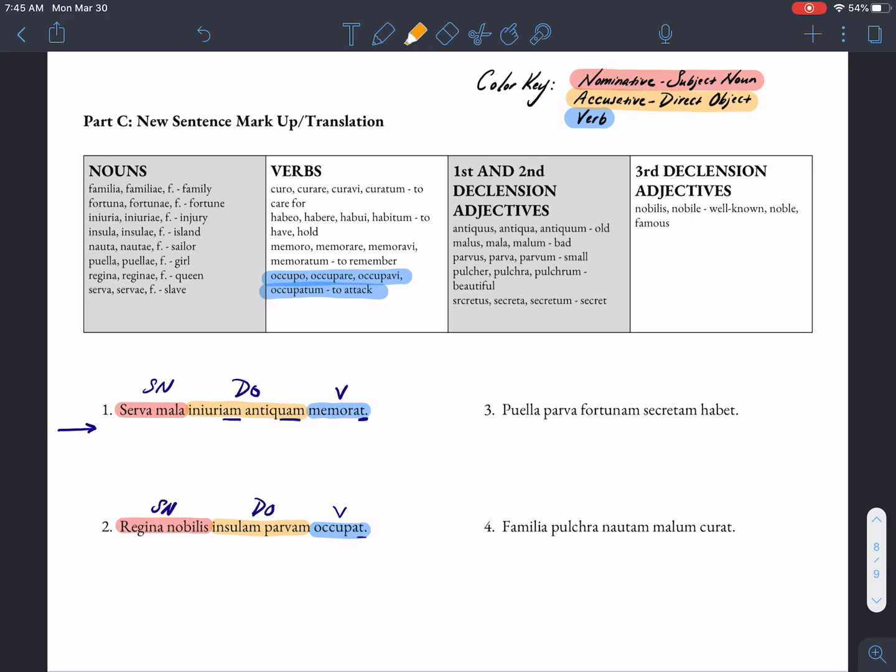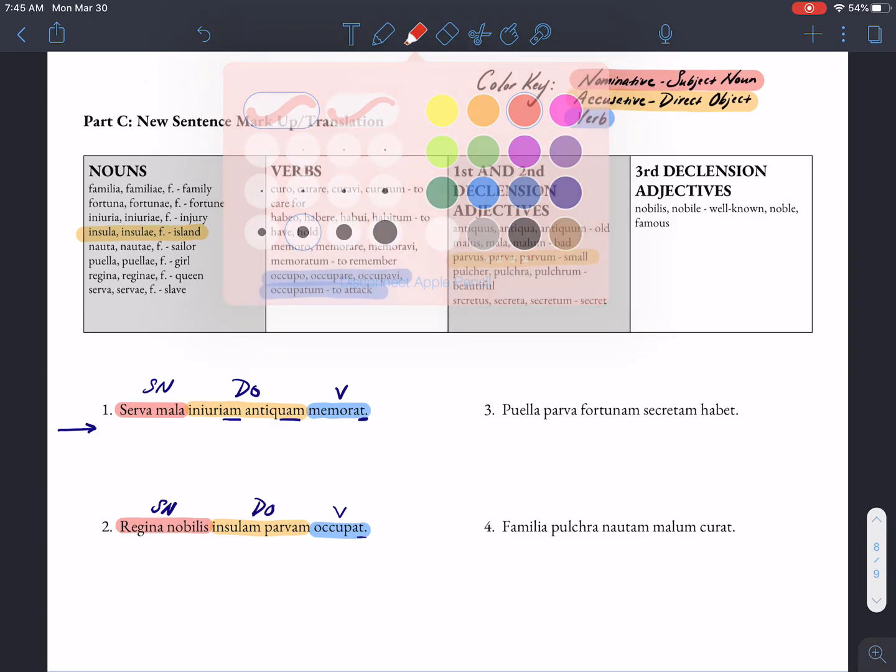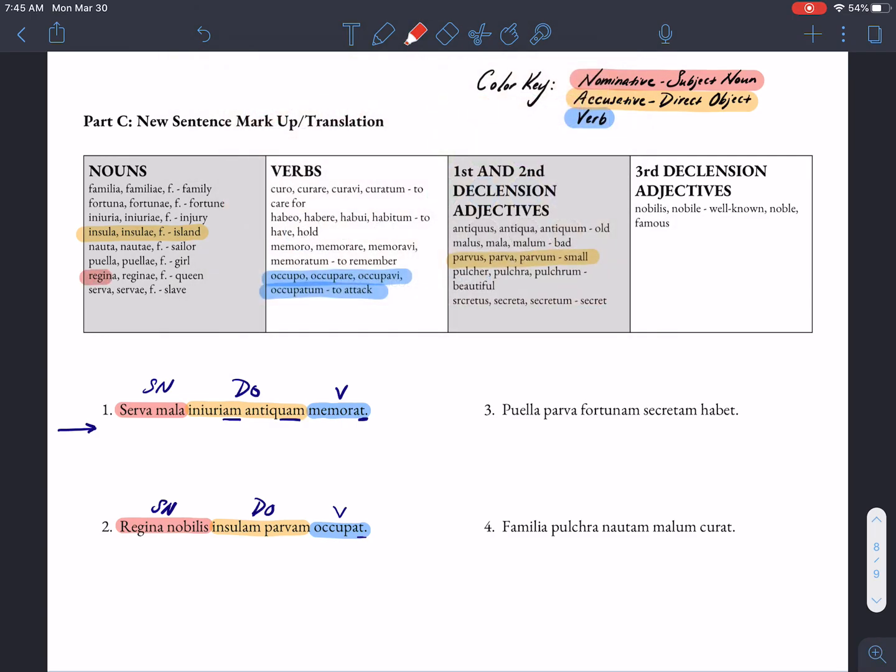We've got insula, insulae, and parvus, a, um, small. And let me just highlight regina nobilis. It comes from regina, reginae, and nobilis, nobile. So if you'd like, you can pause the video now, write out your translation here, and then hit play and we'll go over the markup for number 3.